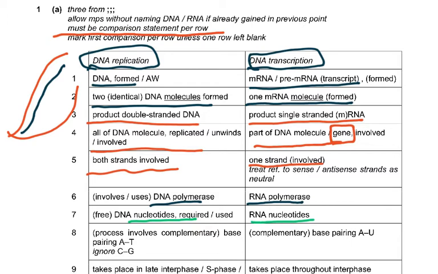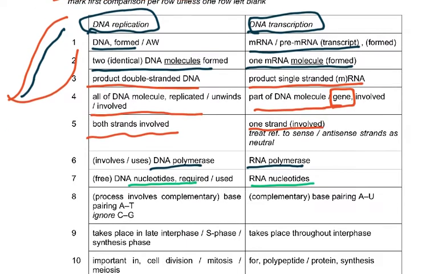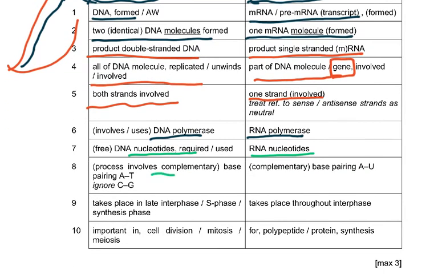If you don't know that, you need to look it up. DNA nucleotide has deoxyribose; RNA nucleotide has ribose. And the bases are a difference: ATGC in DNA, AUGC in RNA. The next comparison, number 8: the process involves complementary base pairing, AT and GC in DNA. Here complementary base pairing is AU; the GC part is the same in both.